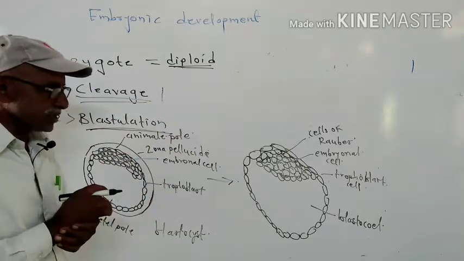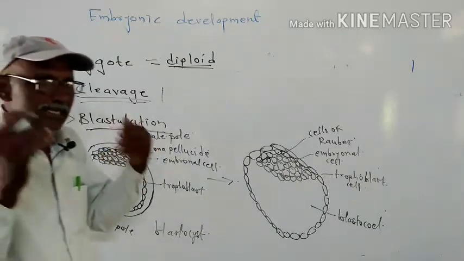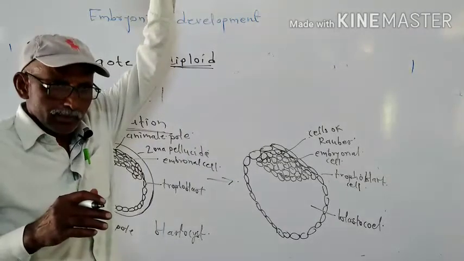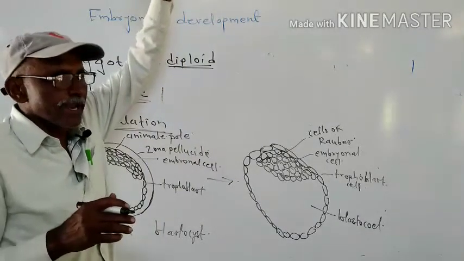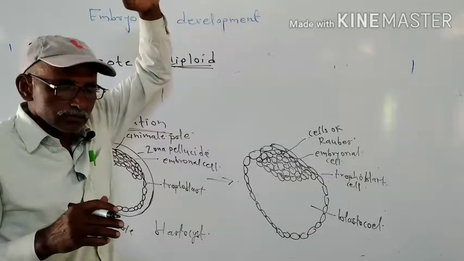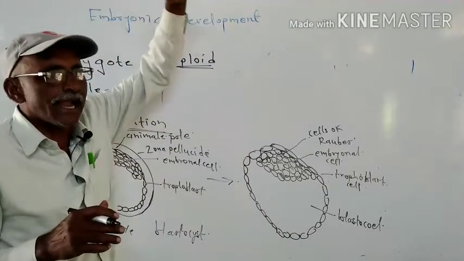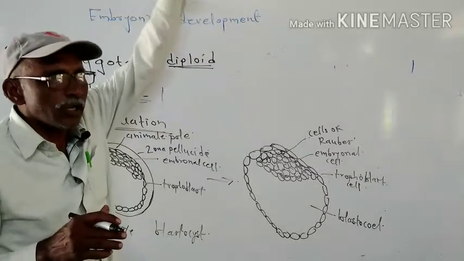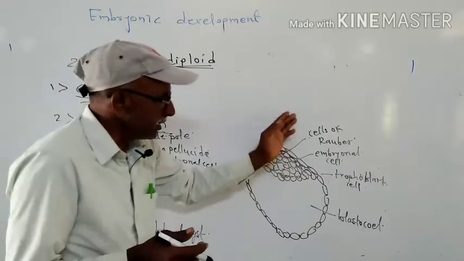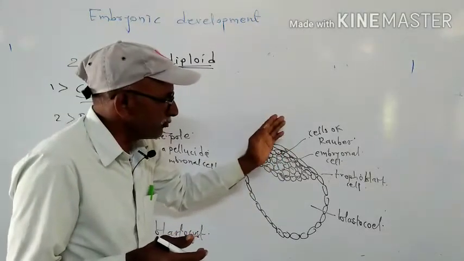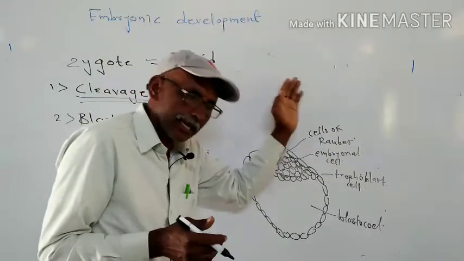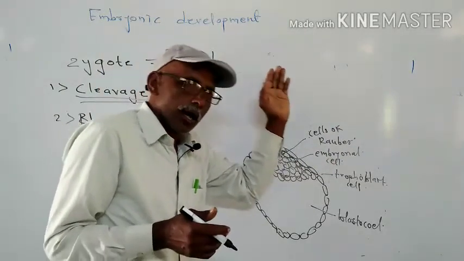That cavity is called the blastocoel, and the cells inside the trophoblast get arranged at one end. The point at which this inner mass of cells gets attached to the trophoblast, those trophoblast cells are called cells of Rauber, and that end, at which the embryonal cells are attached, is called the embryonal end or animal pole.